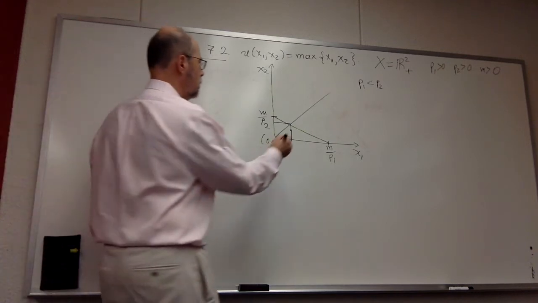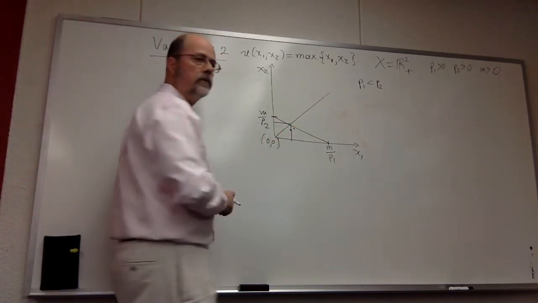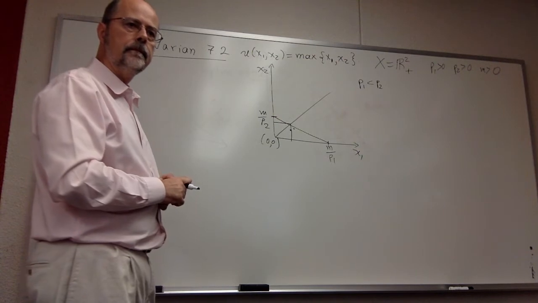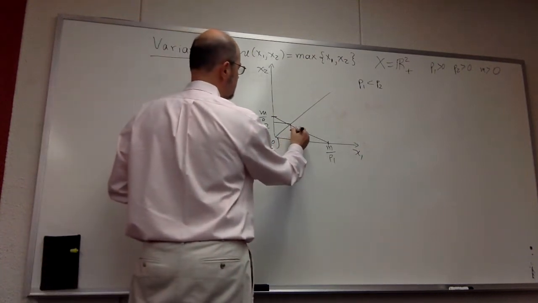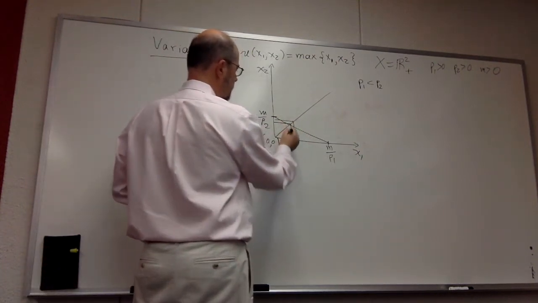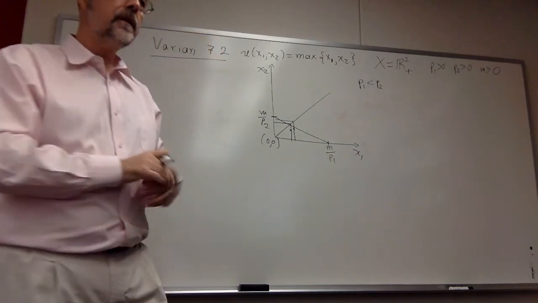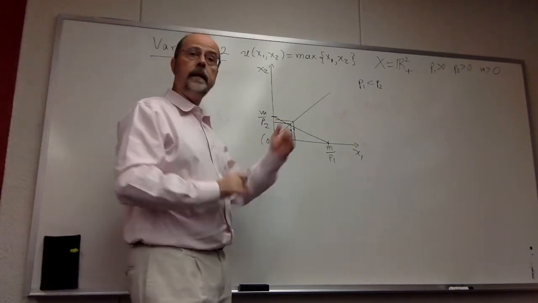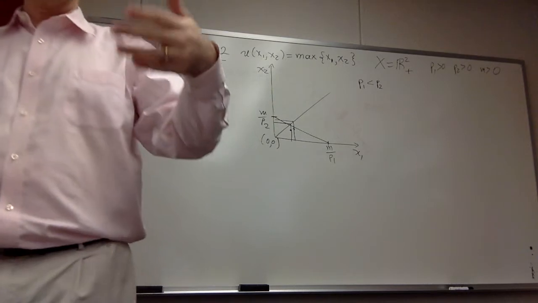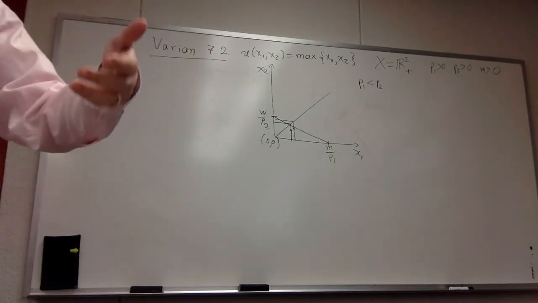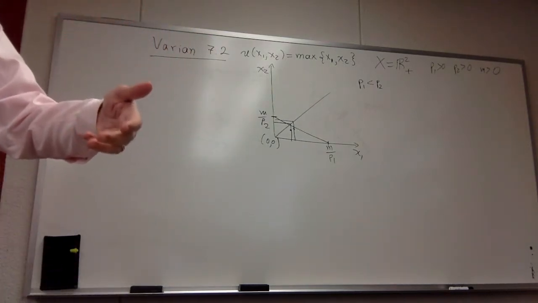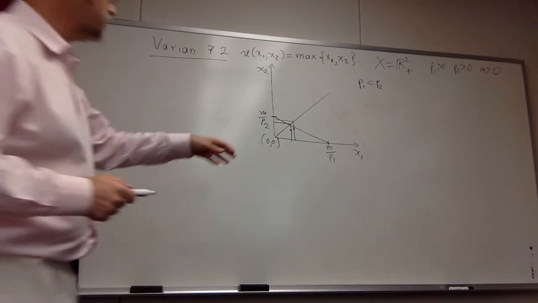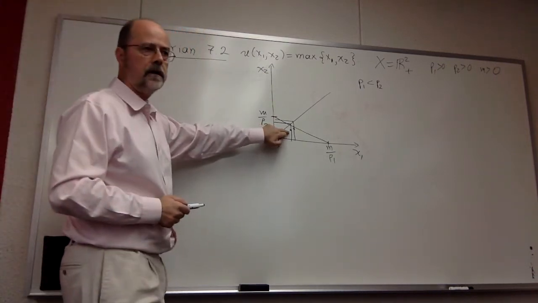Could this possibly be the maximum of utility given this constraint? Of course not. What if you go here, for example, where the indifference curve is here, higher than the utility. So the utility increases, and yet the new point I drew is also affordable. It's in the budget constraint. So that first point down here is not the maximum.